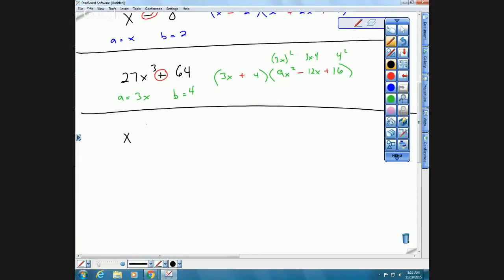Of course, you can have ones like this: x cubed y cubed minus 1,000. So here, what is my A? xy. xy times xy times xy would give me x cubed y cubed. What's my B? 10. 10 times 10 times 10 is 1,000.